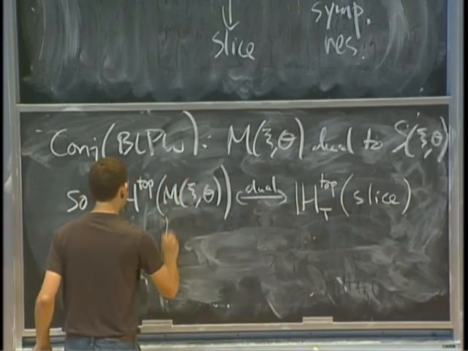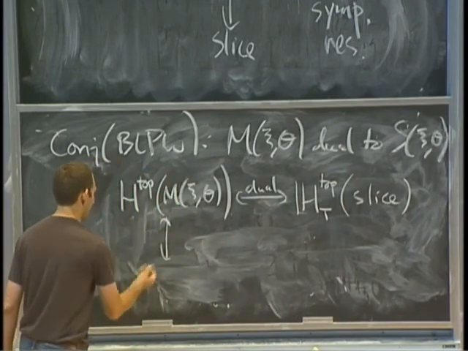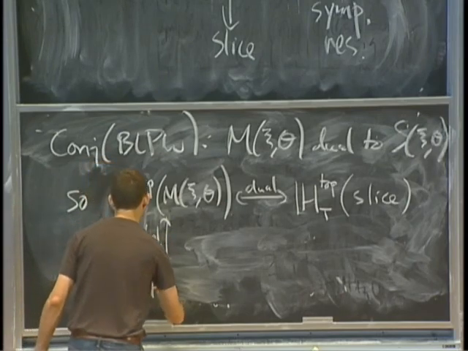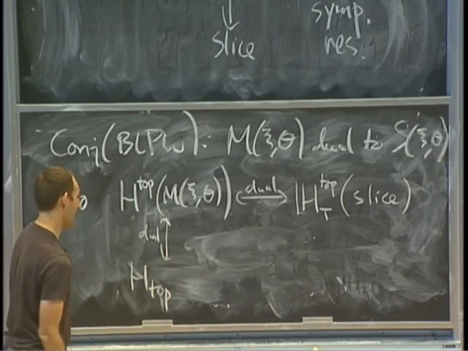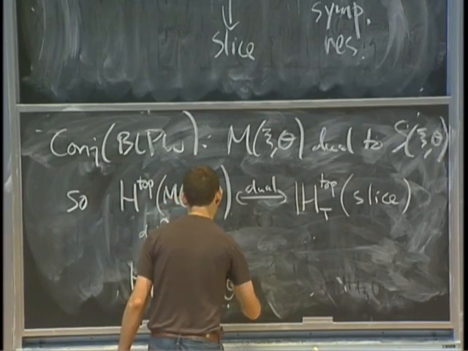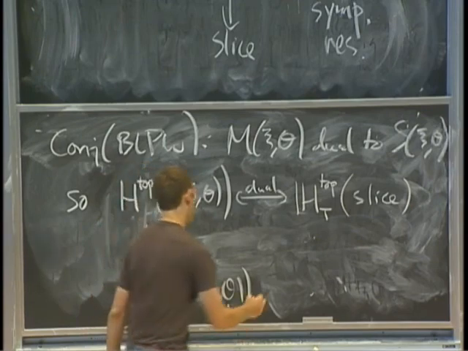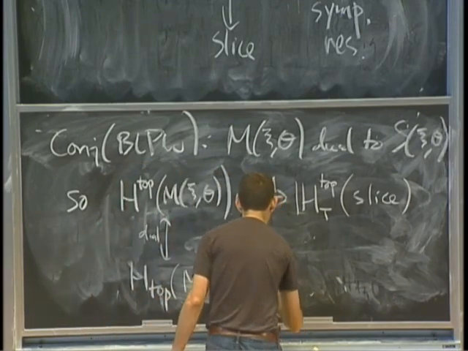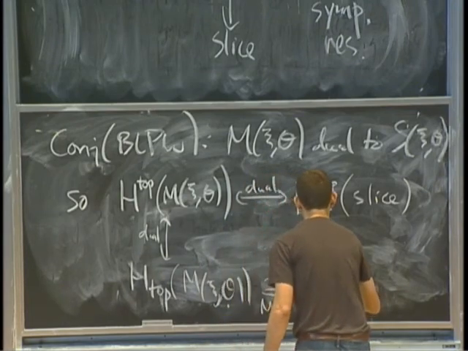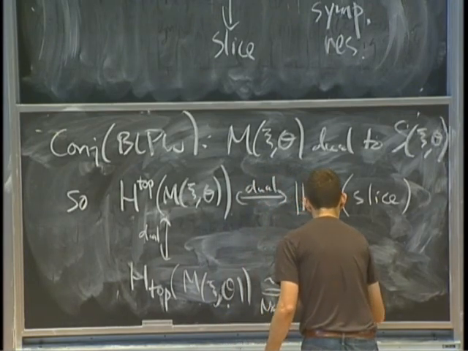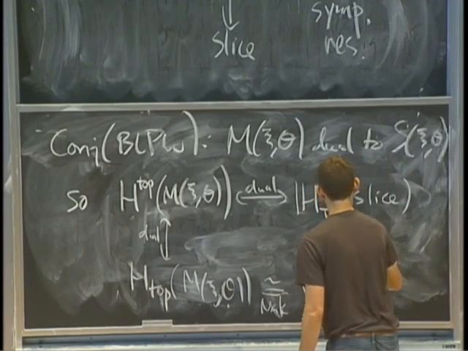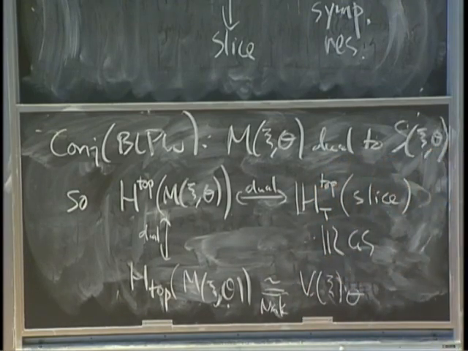This guy tautologically is dual to homology, which by Nakajima looks like V Xi theta. And by geometric Satake, this looks like V Xi theta.